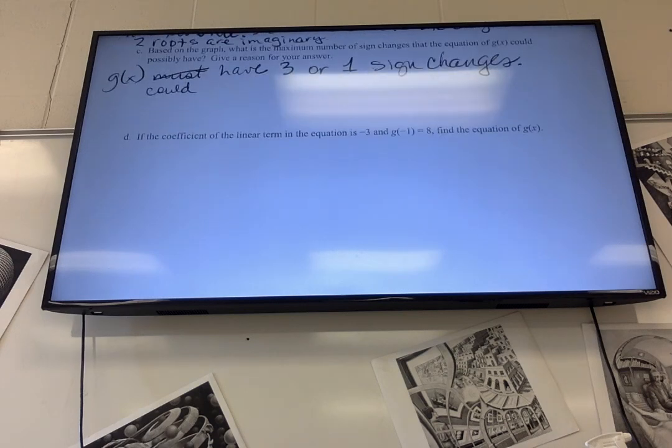Now on to D. If the coefficient of the linear term in the equation is negative 3, so the linear term, think of linear as y equals mx plus b. The linear term is the number that's right in front of x. That's why it's called the linear term.